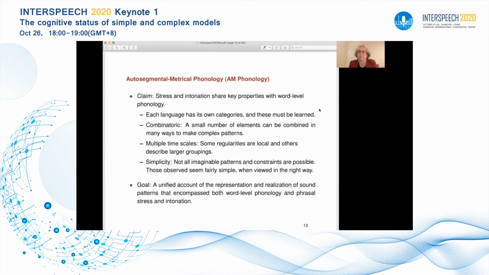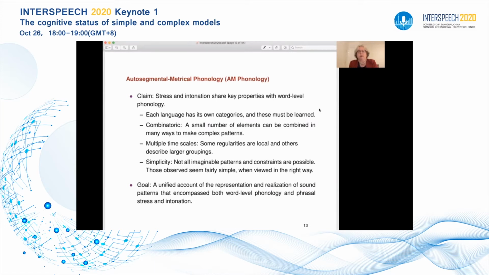The system is combinatoric, so a small number of elements can be combined in many ways to make complex patterns. And both of them have effects at multiple time scales. So some regularities are local and others describe larger groupings.